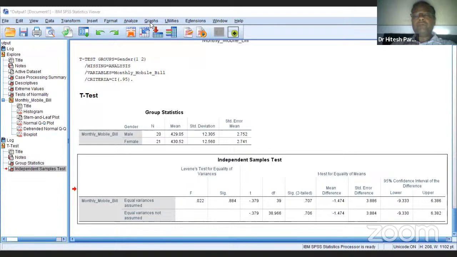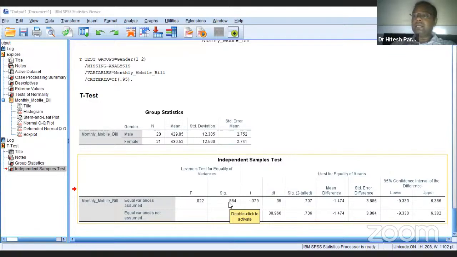So very quickly, to summarize the independent sample t-test: number 1, test of normality. See the p-value; it should be greater than 0.05 for both tests. After getting the green signal of normality, run the t-test. If the Levene's test p-value is greater than 0.05, interpret the result of row number 1.